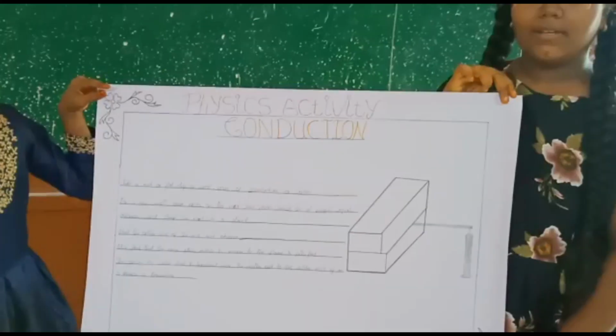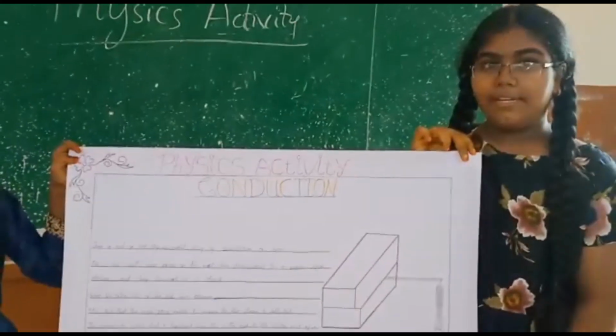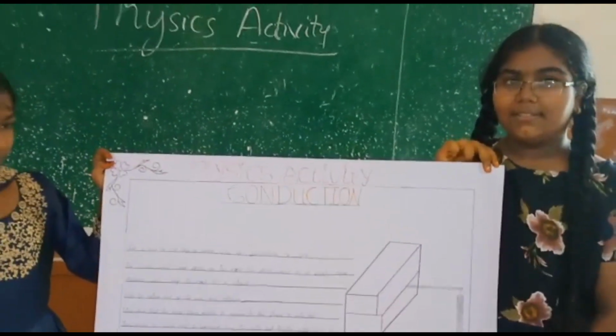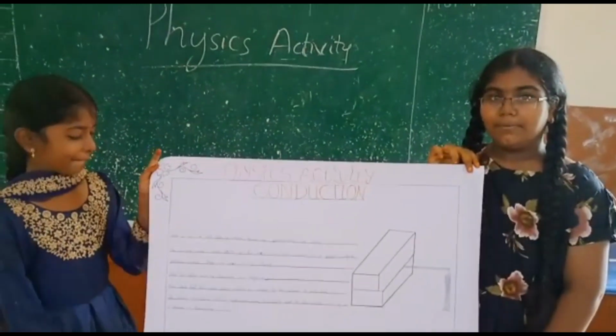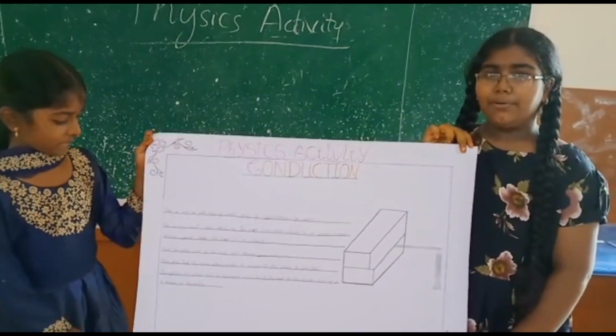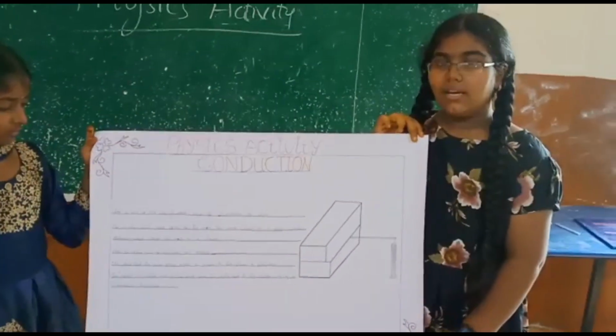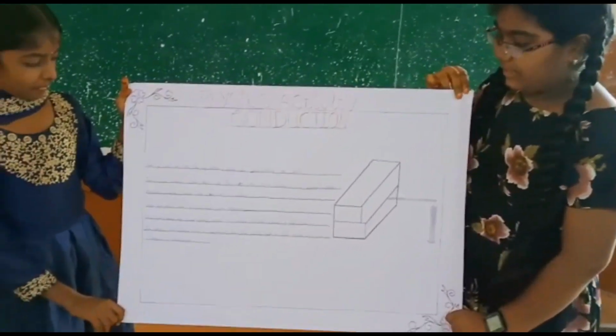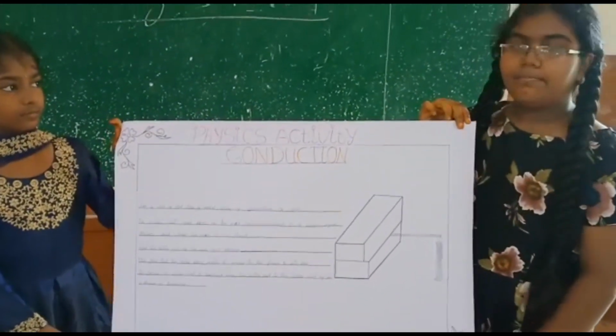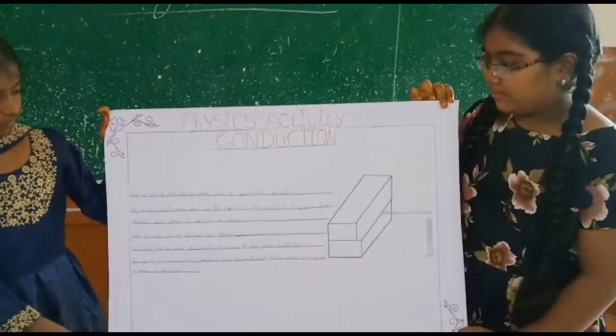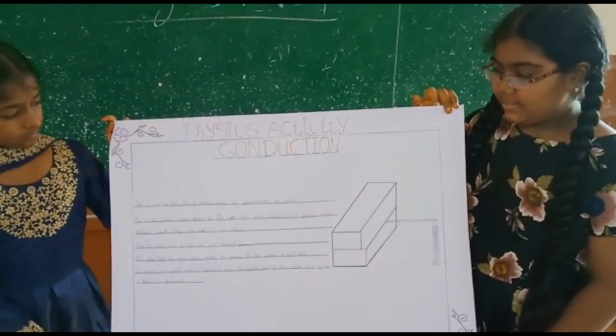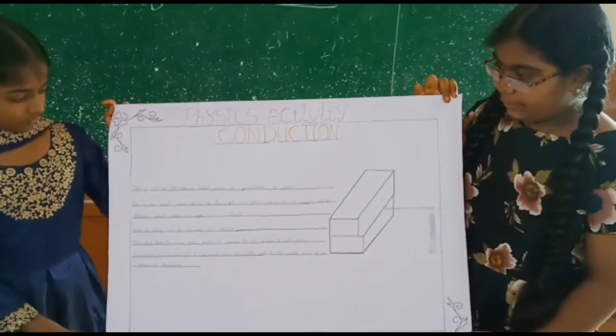The transfer of heat from the hot end to the colder end is called conduction. For this process we need to take a flat rod, a thin metallic or iron strip, and place it between two bricks.